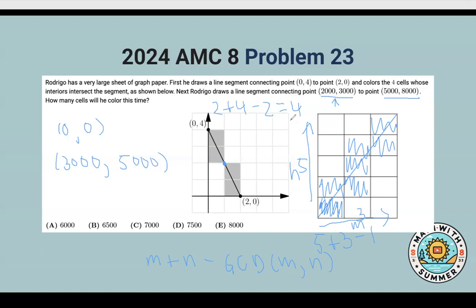Another way to think about it is that when we have this lattice point here, it's because we can divide these points and get another point that lies on the same slope. This point was (1, 2), and that's because our slope here was 1 over 2.